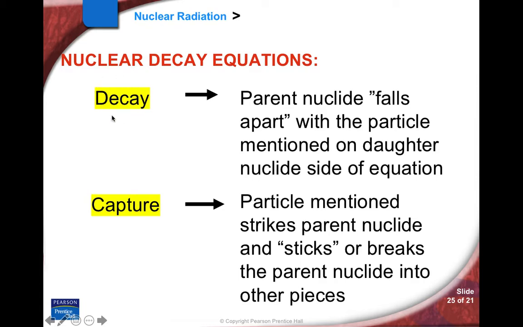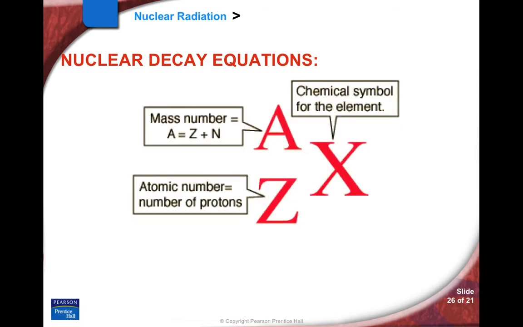So with decay equations, the particle that they say is going to be on the right-hand side of the equation. With the capture equation, the particle that's mentioned is going to be on the left-hand side, on the reactant or parent nuclide side.